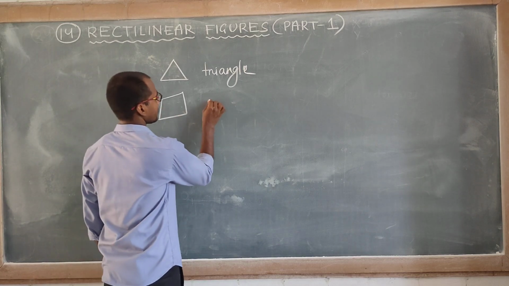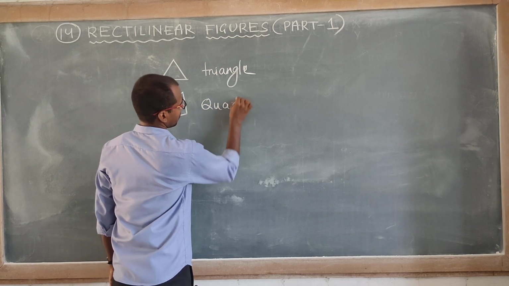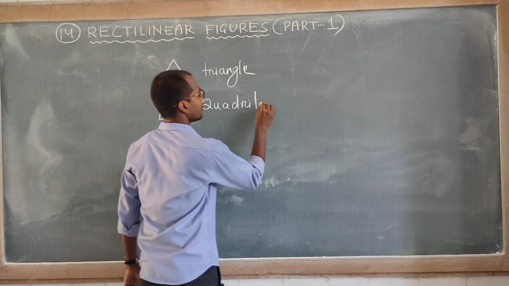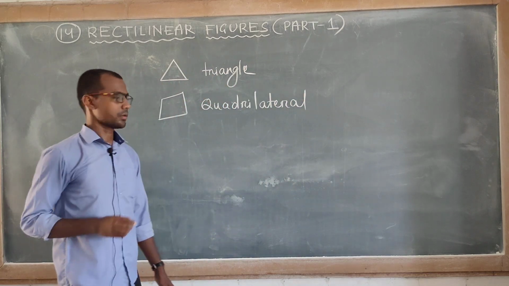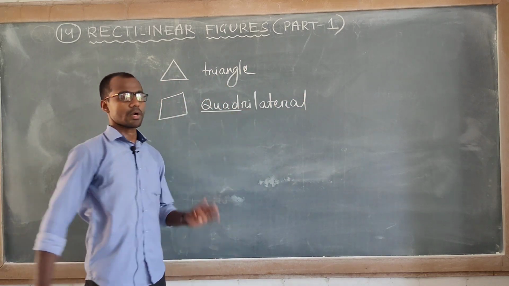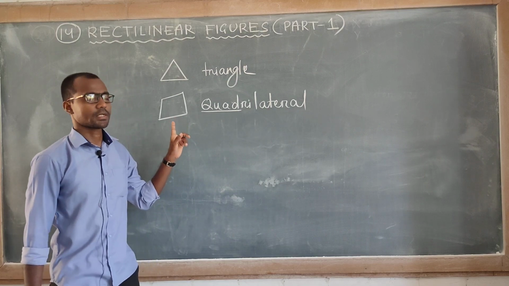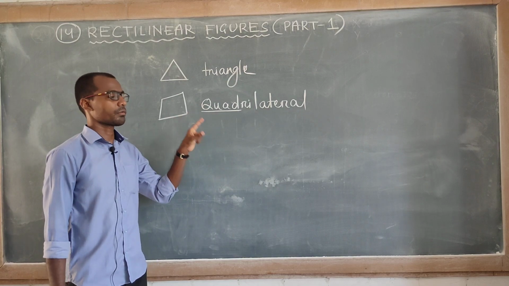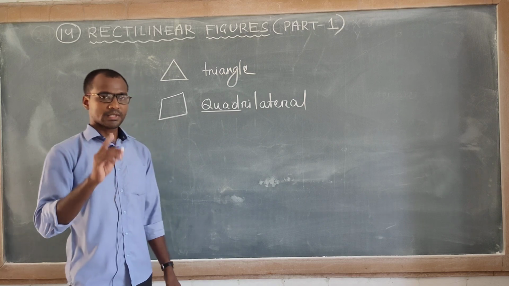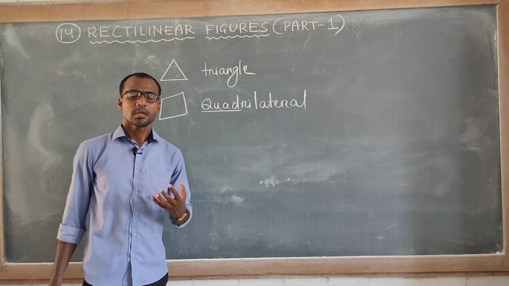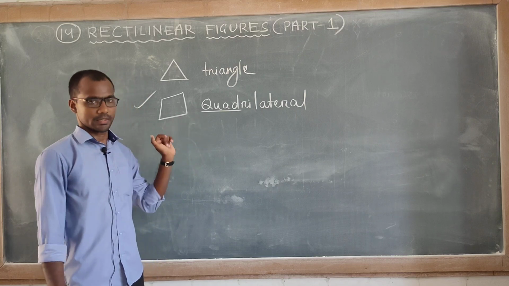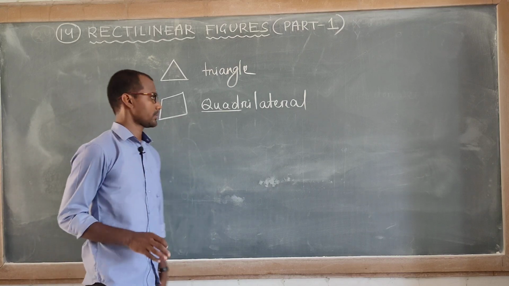Its special name is quadrilateral. Quad means 4. So every quadrilateral is also a polygon. In this chapter, we will be studying in detail about some specific types of quadrilaterals. I will move to it later on.